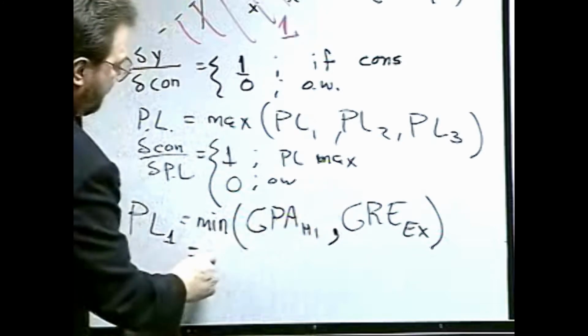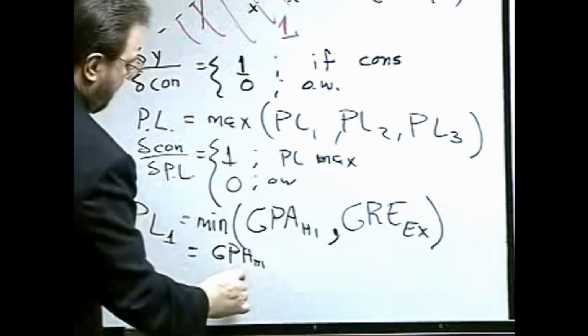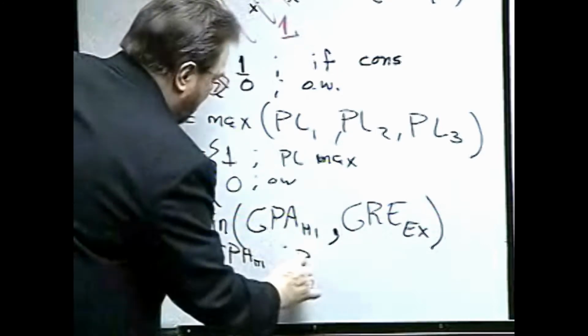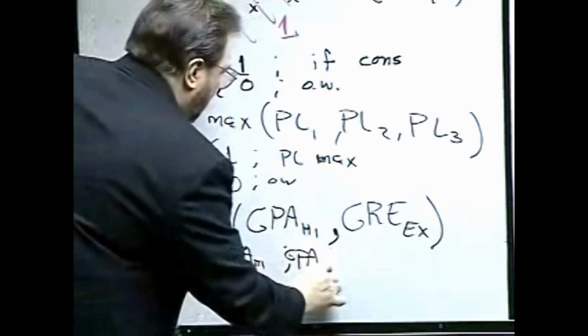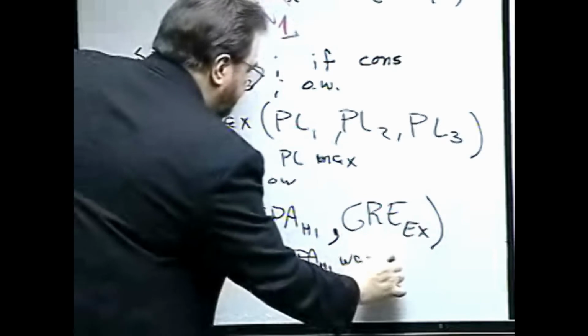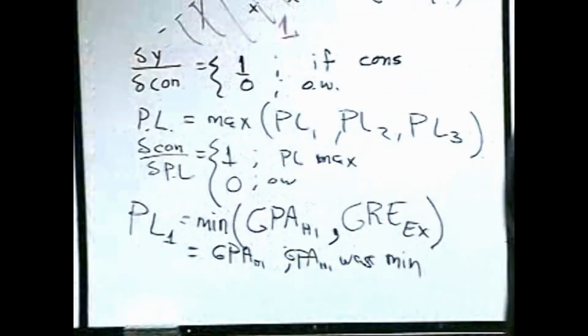This goes to the GPA high because GPA high was the minimum. So you see, the wonderful aspect of fuzzy logic is that in terms of differentiation of maximums and minimums, every time you do that, everything that contributed to a maximum, if you take a partial, points to the component in the derivative that gave rise to the maximum.